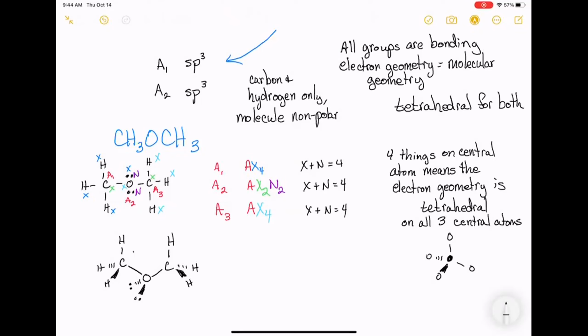Each time I thought about my basic tetrahedral, and I knew that I had to have 2 in the plane, 1 that is coming towards me, and 1 going away from me. So each time I drew that, I made sure that there was 2 in the plane, 1 coming towards me and 1 going away from me.